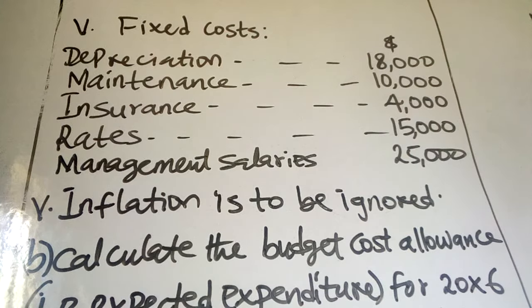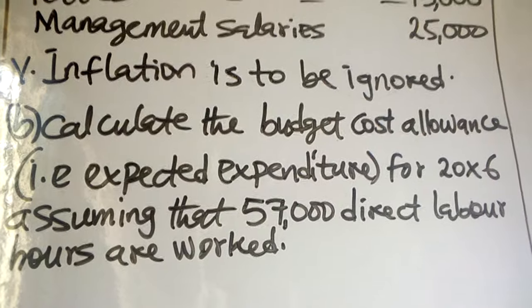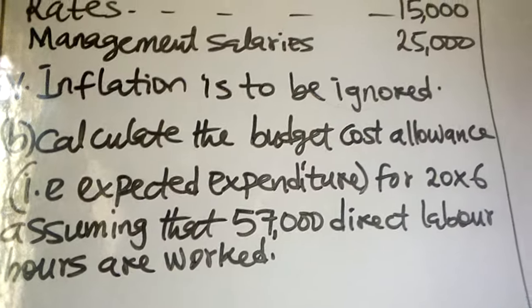Inflation is to be ignored. B. Calculate the budget cost allowance, that is expected expenditure for 20x6, assuming that 57,000 direct labor hours are worked. That is the question. This question is obtained from Performance Management ACCA study test by BPP.